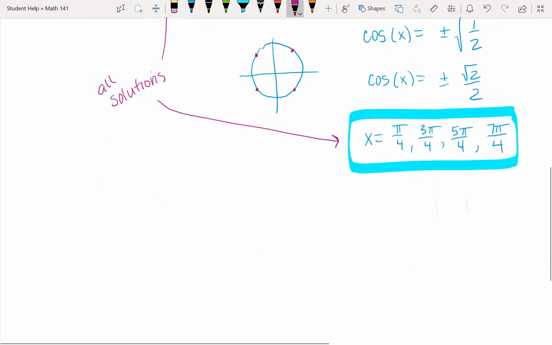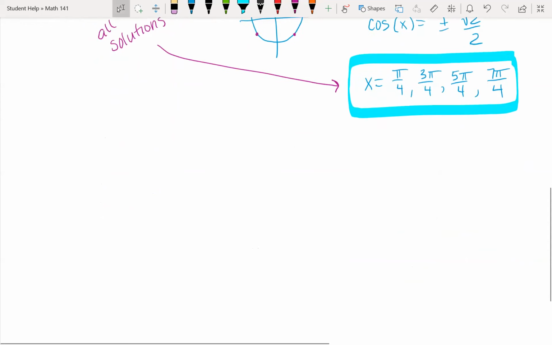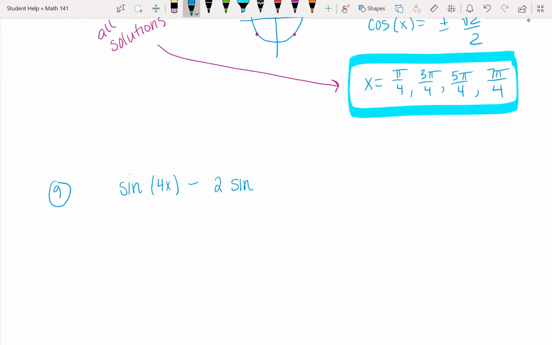All right, let's do another example like that. Number 9. Sine of 4x minus 2 sine of 2x equals 0. The two angles that I'm considering are not the same, right? So I'm going to change the first one to look a little bit different.